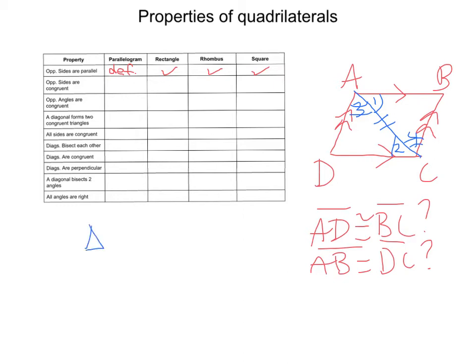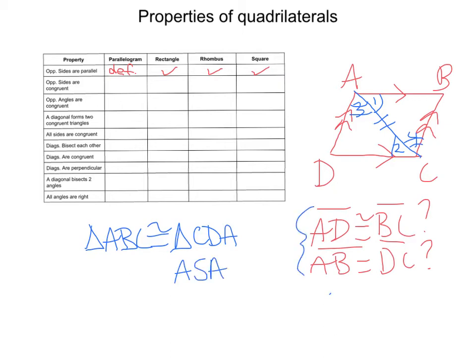Triangle ABC is congruent to triangle CDA, thinking about the letters again, by angle, side, angle. So then the congruencies are true by corresponding parts, right? So this is absolutely true in a parallelogram, which then makes it true for all of these shapes as well.